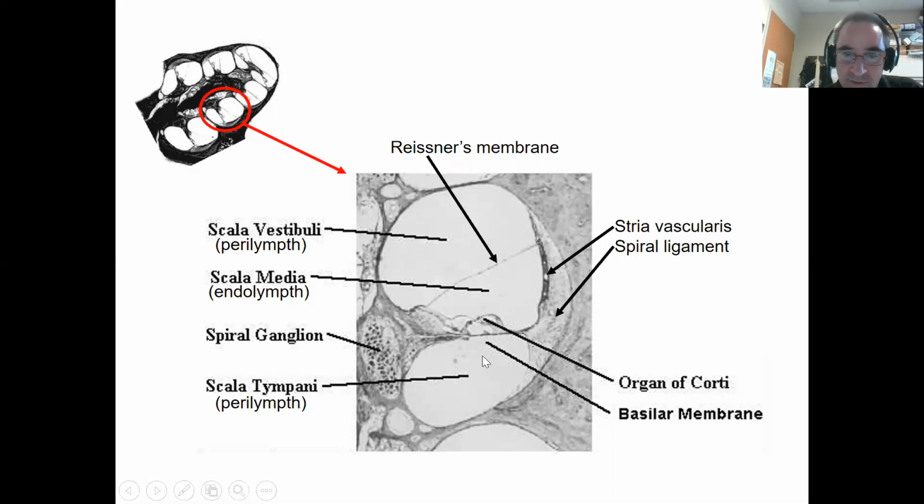Scala tympani is down here. The fluid that's in there is called the perilymph. We won't worry about the fluids yet. We're going to talk about that when we get back to the electrical setup of the cochlea in a while. Scala vestibuli is up here, and then scala media in between. And the fluid in there is called endolymph.